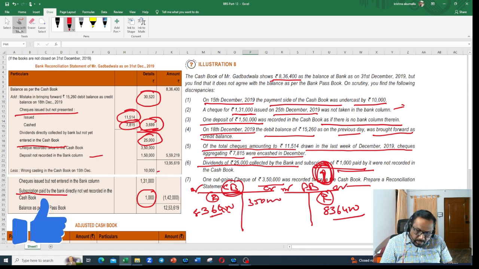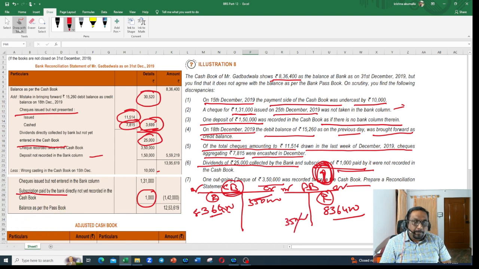Here also it would have been recorded on the payment side. This and this got cancelled. But in the cash book, they recorded one more time. Already recorded got cancelled, but they recorded one more time. Since this is recorded extra, my cash book balance got reduced to the extent of 3,50,000.